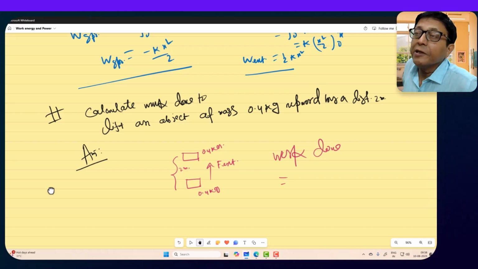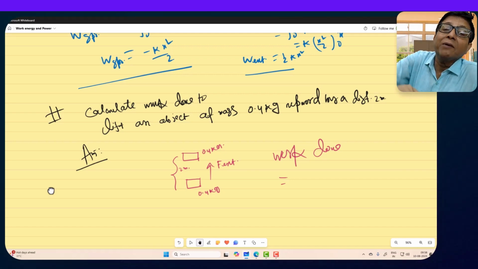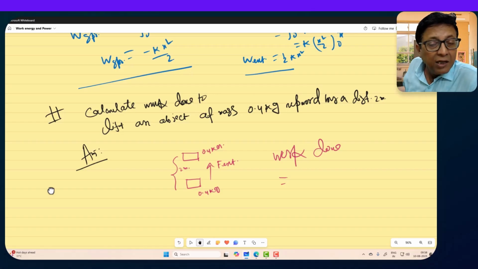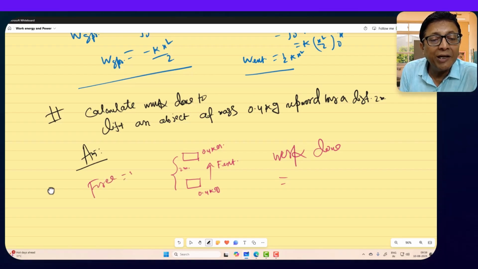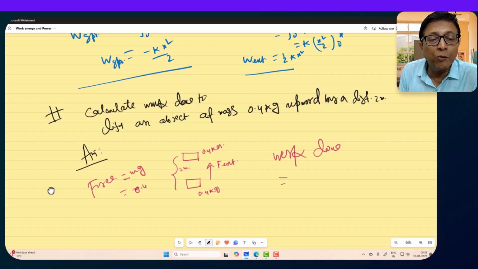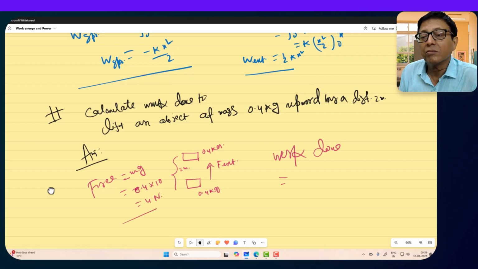If you are doing the experiment very close to Earth's surface, then g will remain the same. What is the force here? Force will be mg, that is the force of gravity. m means 0.4, g you take 10, that is 4 Newton.